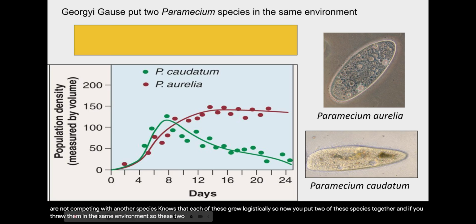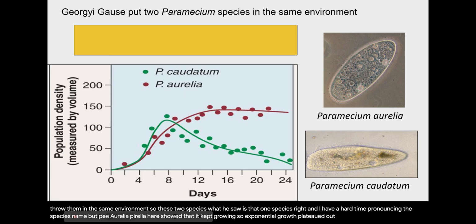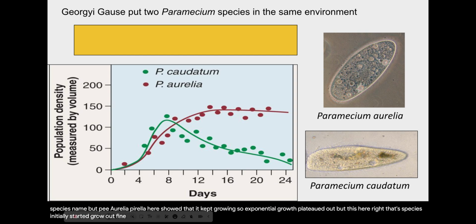What he saw is that one species, and I have a hard time pronouncing this species name, P. aurelia here, kept growing, showed exponential growth, then plateaued out. But this P. caudatum here initially started to grow fine, but then plummeted in size until it essentially died out.